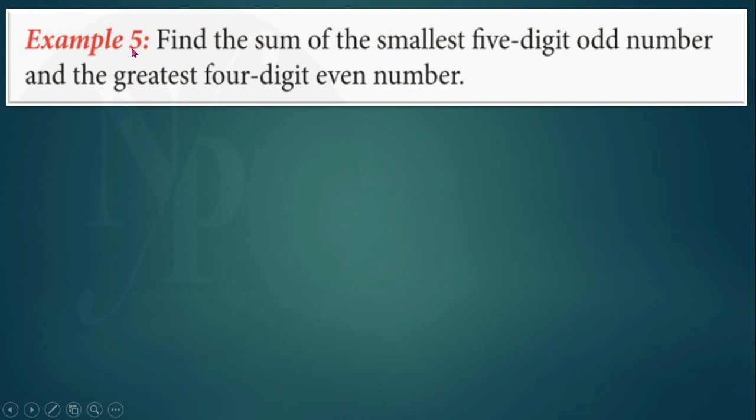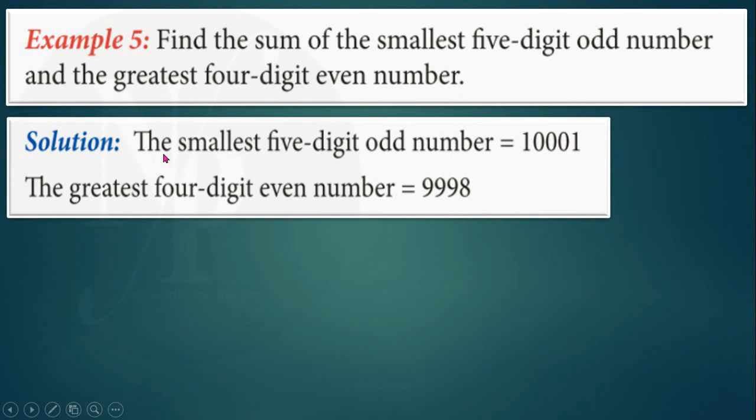Example number 5. Find the sum of the smallest 5-digit odd number and the greatest 4-digit even number. So, solution. The smallest 5-digit odd number is 10,001. So here we have 1, 2, 3, 4, 5 digits, and this is the smallest 5-digit odd number.